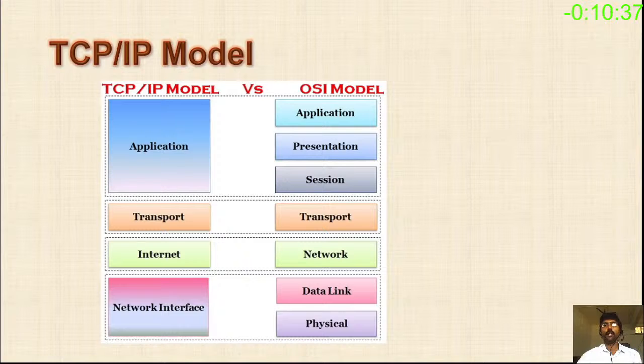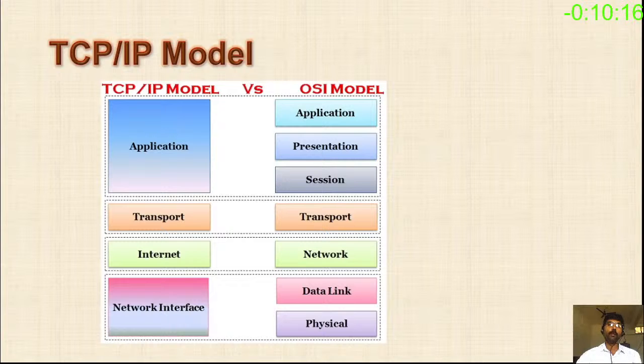Now we will learn the job of each layer in the TCP/IP model one by one. The first one is called the application layer. This layer provides the services which are helpful for user applications.